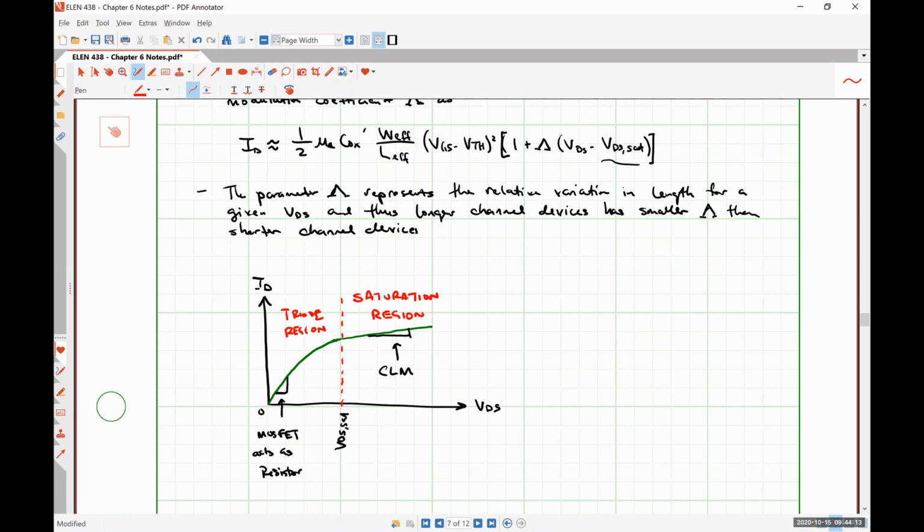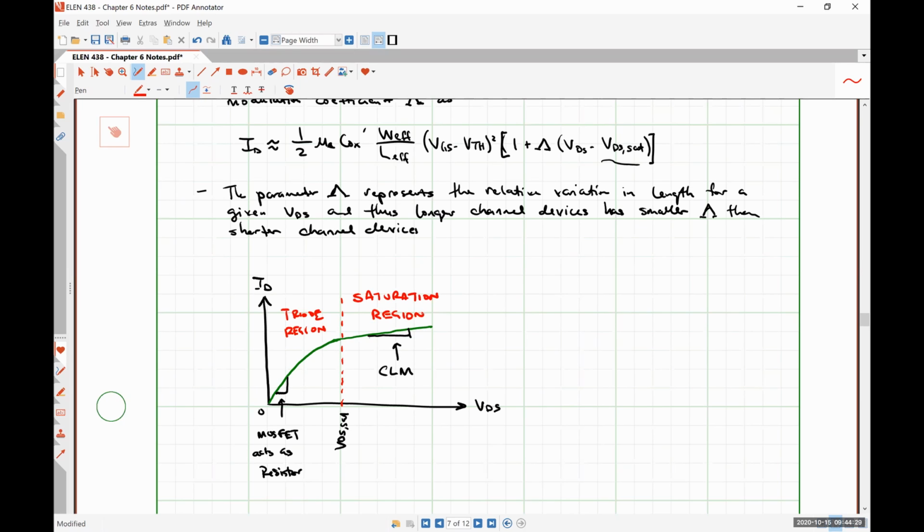So in our C5 process, where we have a lambda of 300 nanometers, effectively our smallest channel length is going to be 2 lambda.